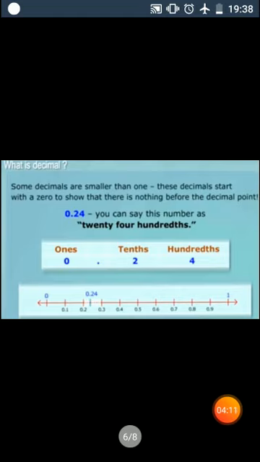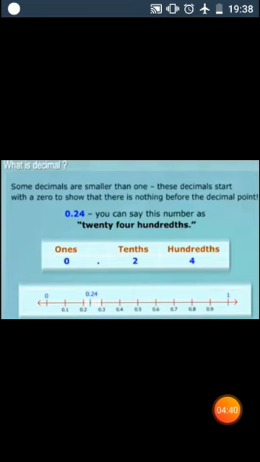Some decimals are smaller than 1. These decimals start with a 0 to show that there is nothing before the decimal point. 0.24. You can say this number as 24 hundreds or 0.24.